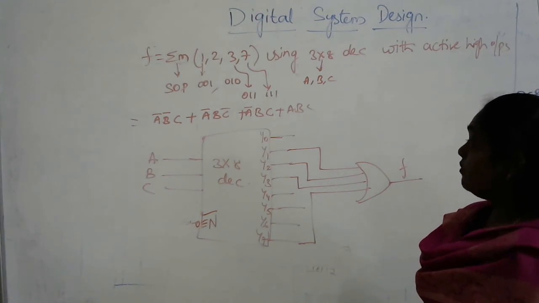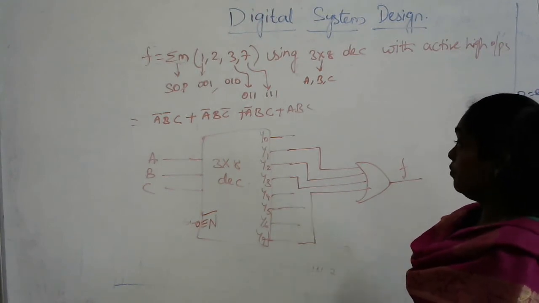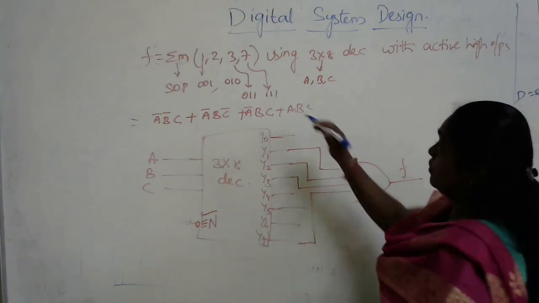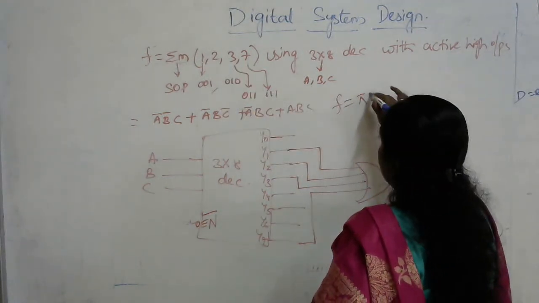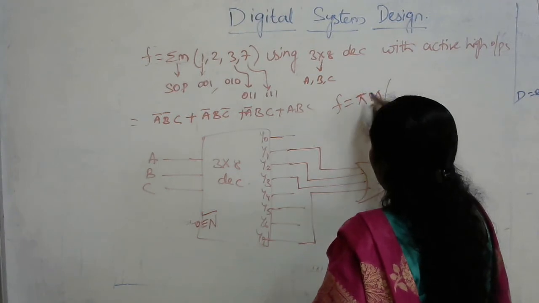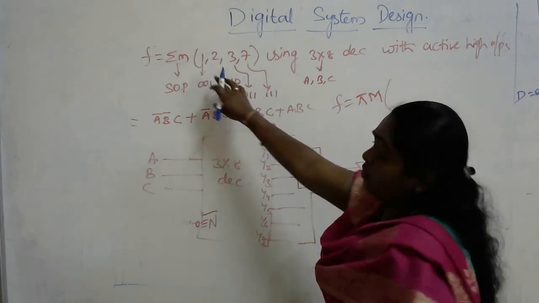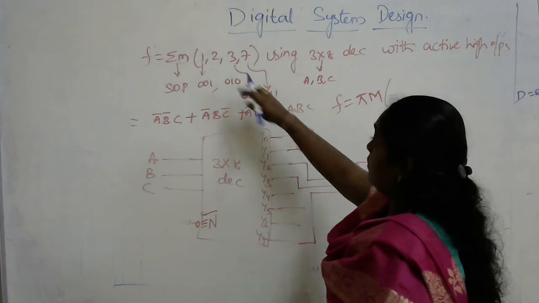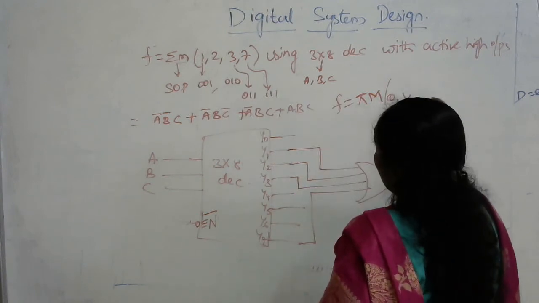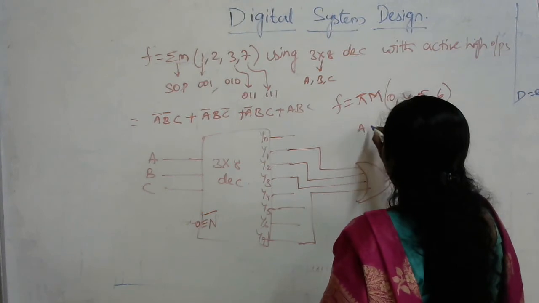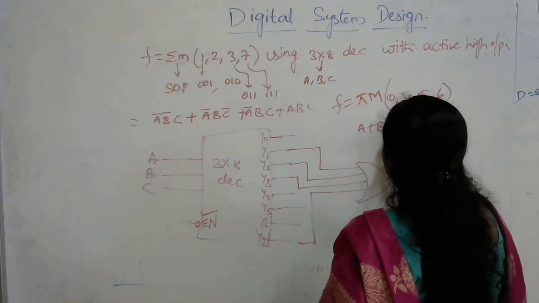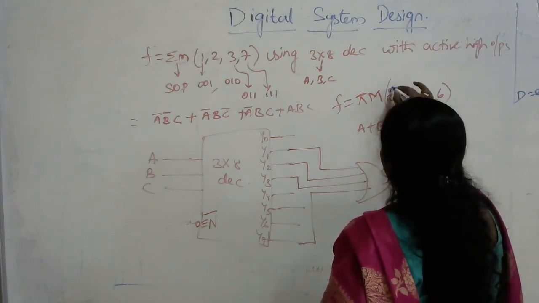As I want to represent this in the POS form, I can write F is equivalent to pi m of POS, which is nothing but the reverse. Whatever numbers are not there in the question, that is 0, 4, 5, 6. So 0 is nothing but A plus B plus C, since 0 is 0, 0, 0.